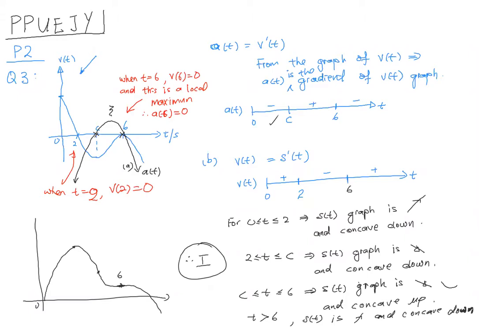So the difference between 2 and 3 is the shape of the graph, this part. So are you okay? So analyzing the graph is very important. Any further question on that?